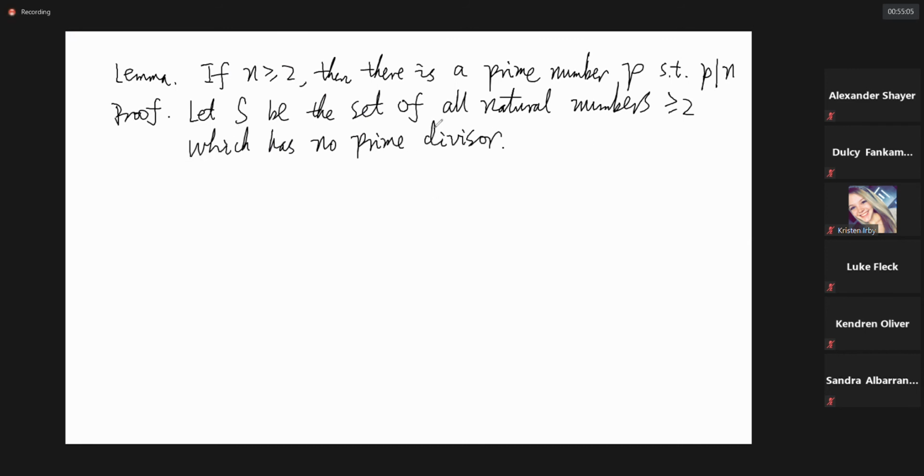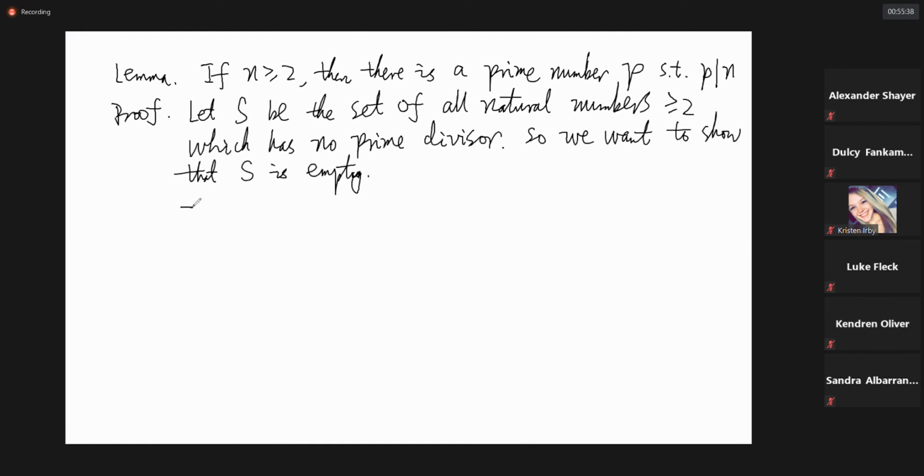So we want to show that S is empty. If S is empty, which means every natural number greater than or equal to 2 has a prime factor, prime divisor. So we'll prove by contradiction.